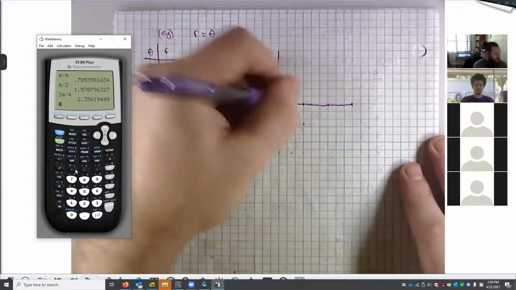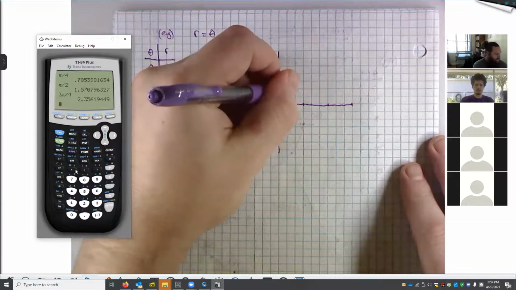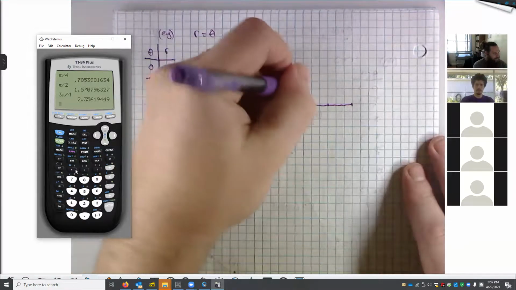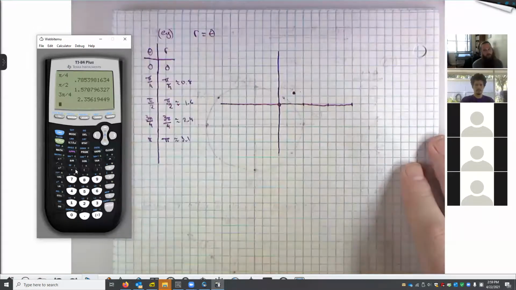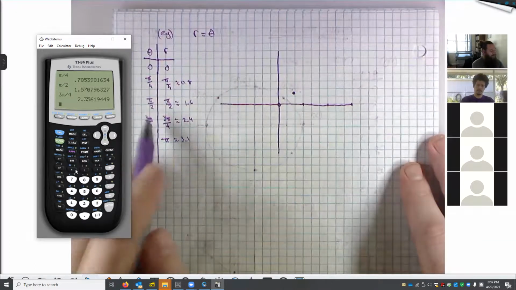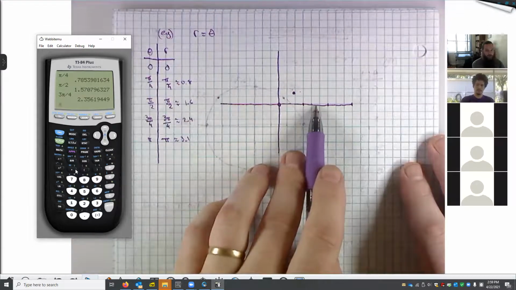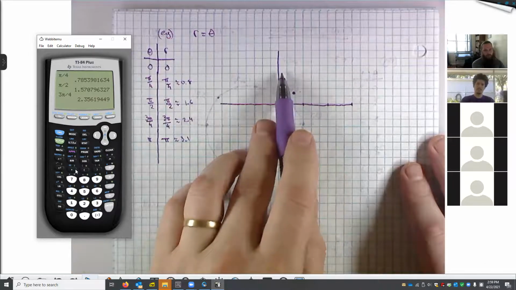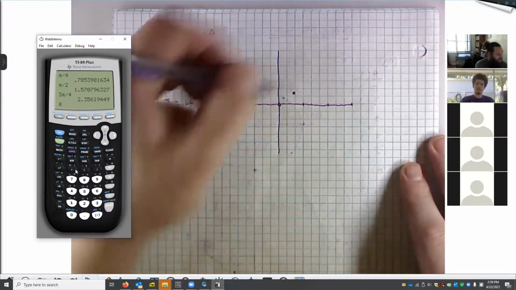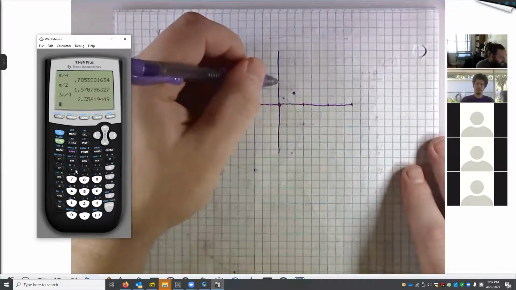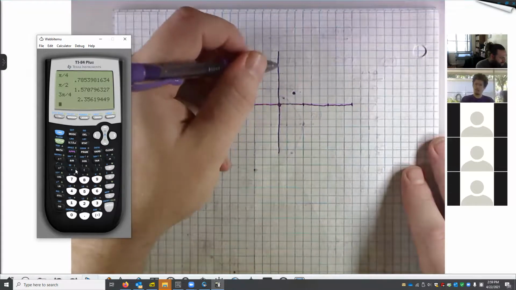And then rotate that up pi/4. So here's the polar point pi/4, pi/4. Pi/2, pi/2, this guy, I walk out like 1.6, that's like here. And then I rotate up pi/2. So what's that? Like here.